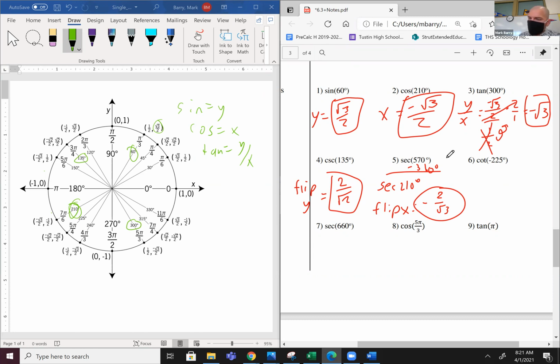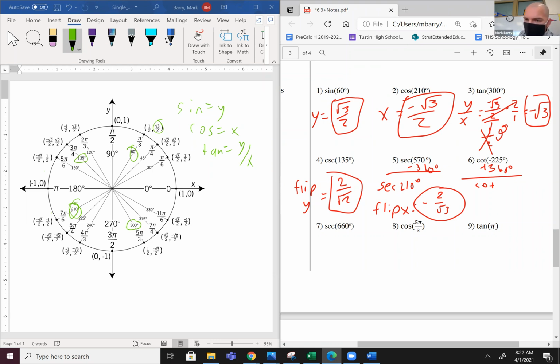All right, next up here, number 6, I got cotangent of negative 225. Now, there's no negative angles on the unit circle, all right? And so if you have a negative angle, this is another example when you would use a coterminal angle. So I'm going to now add 360 degrees because now my angle is too small.